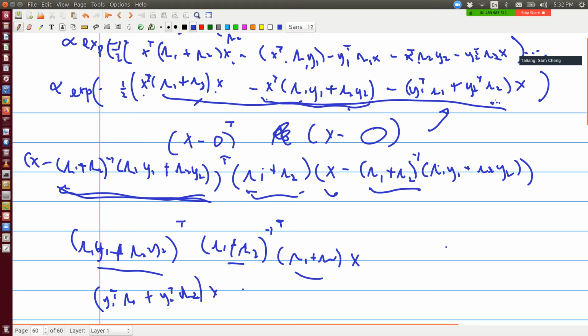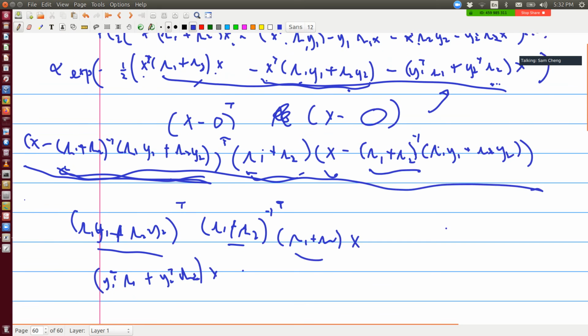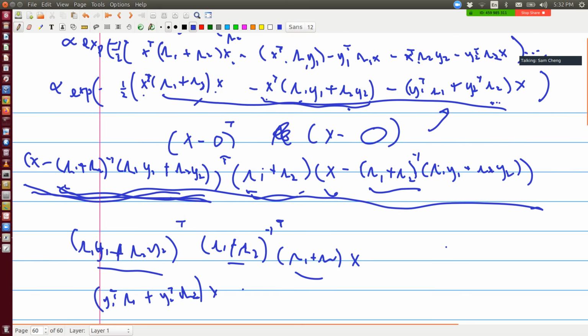Yeah, that's right. So therefore, like this, we find that this is the exponent. If we compute the square, then basically what we have is this one here. So therefore, from here we know. But you don't get this one. Oh, this one is at the beginning, right? X transpose multiplied by this multiplied by x.